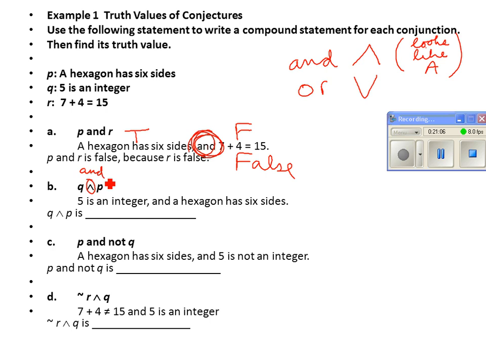Fractions or decimals. All right. So is 5 an integer? Yep. So that's true. And a hexagon has 6 sides. Is that true? Yep. This part's true. We use the word and. This part's true. What's that tell us about the whole statement? True. Just deciding the truth value of that, saying that's true.